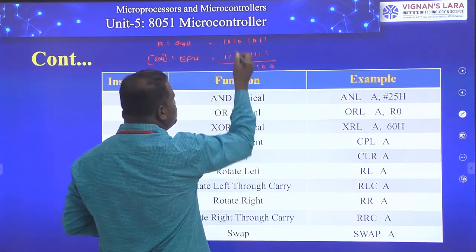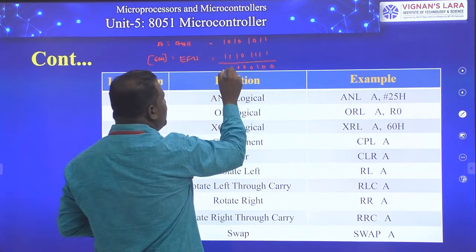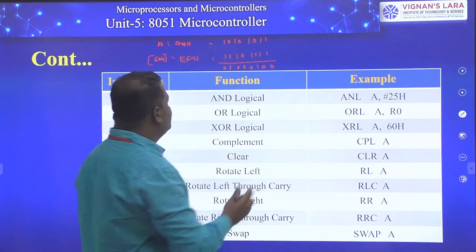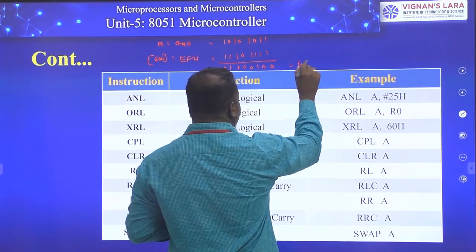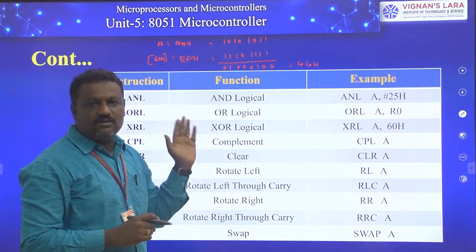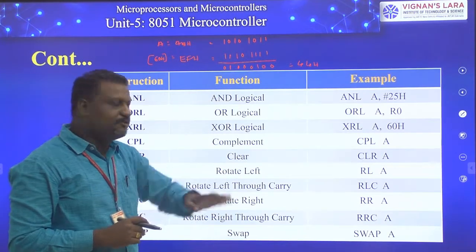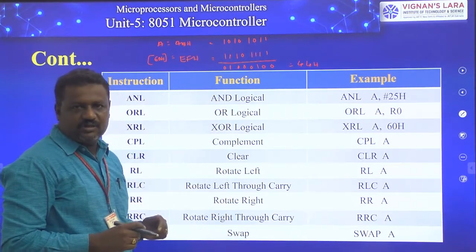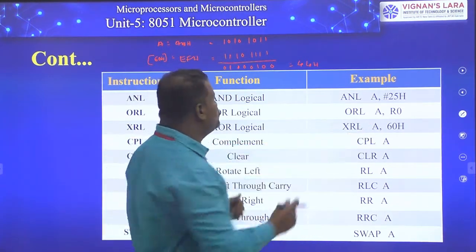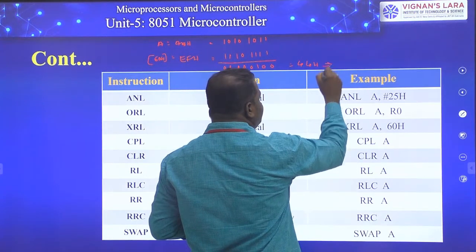Again the same, 0. Same, 0. And inputs differ, so 1. Again, 0. Now my result here is 44H, so 0100 is 4, 0100 again 4. So after execution of XRL A, 60H, my result is 44H.